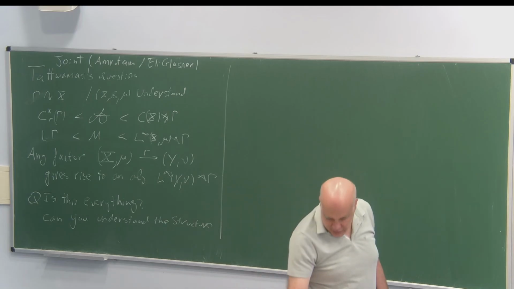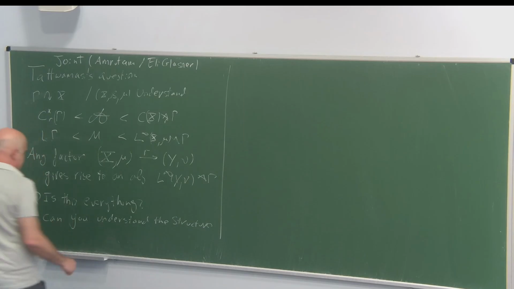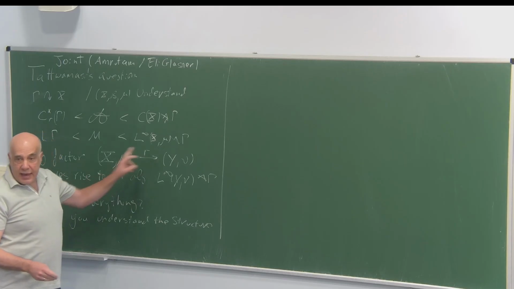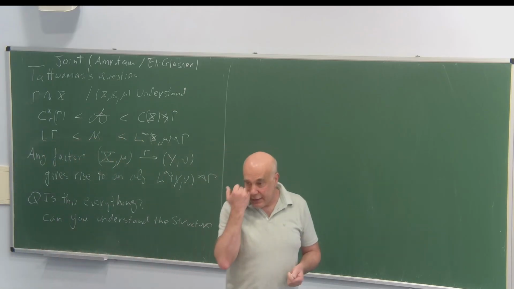Okay, following this question, let me first say a bit of what we know. I'm going to try to distinguish between the case where gamma is C-star simple and the case that gamma is not C-star simple.